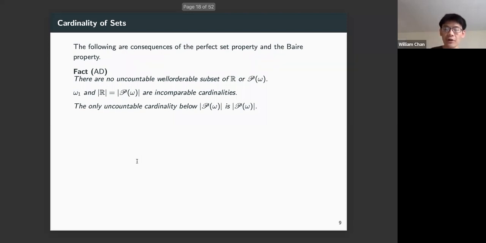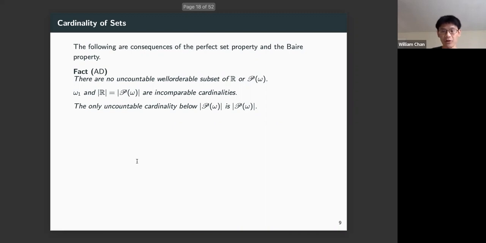A familiar result under AD, a consequence of the perfect set property and the Baire property, is that you can show there are no uncountable well-orderable subsets of R, or the power set of omega. As a consequence, omega_1 and R are incomparable cardinals under AD.